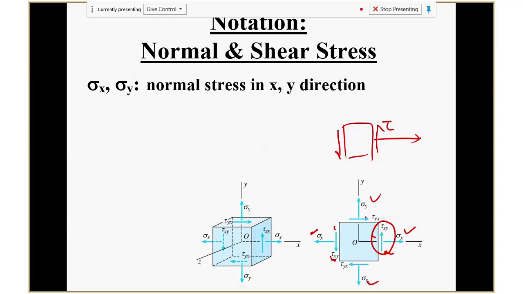So when we talk about deformation, it's always a pair, right? A pair of normal stress, sigma, sigma. You have to have a pair. So that's all positive. Then this shear, all positive. And for this one, you must have this one to balance it. Therefore, that's also positive. So they're all positive.